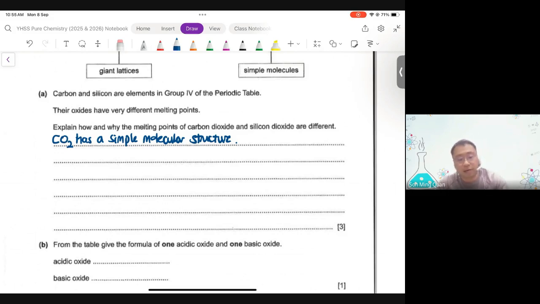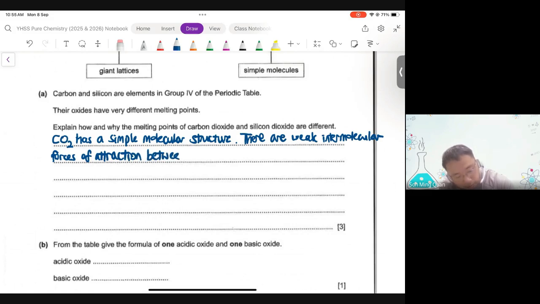Once you know it's simple molecular, you will know there are weak intermolecular forces of attraction between the molecules. You need to write between molecules, which require little energy to overcome.